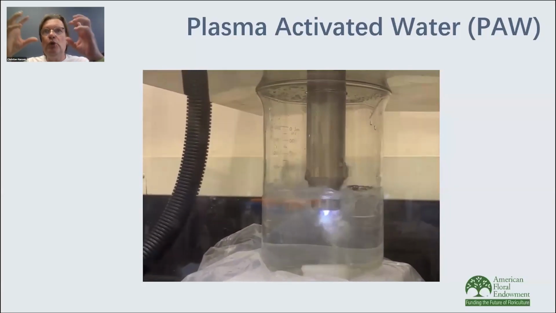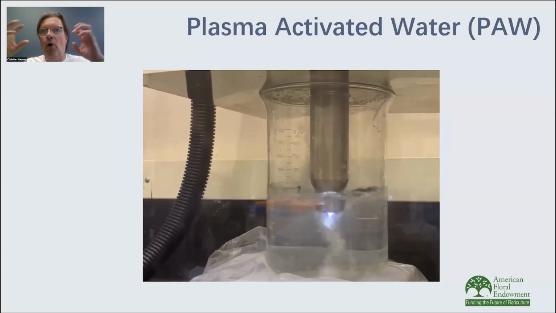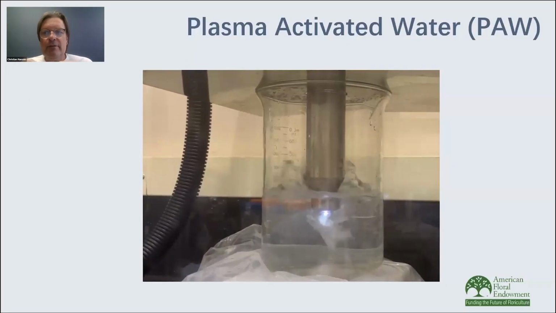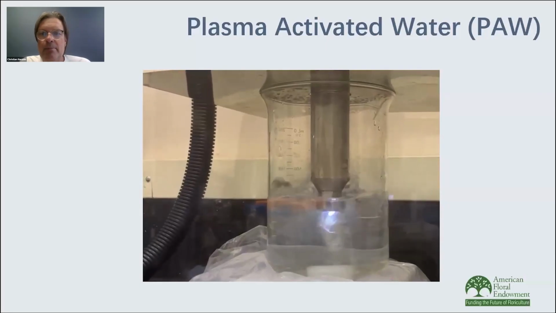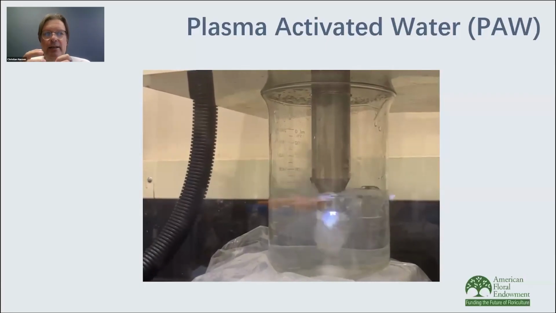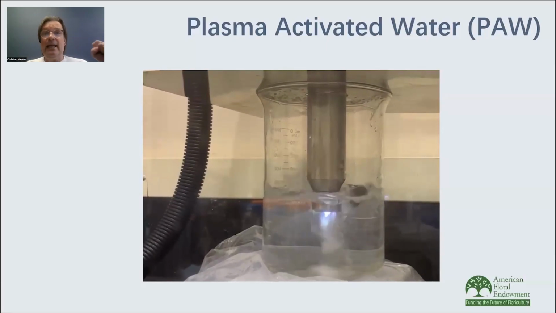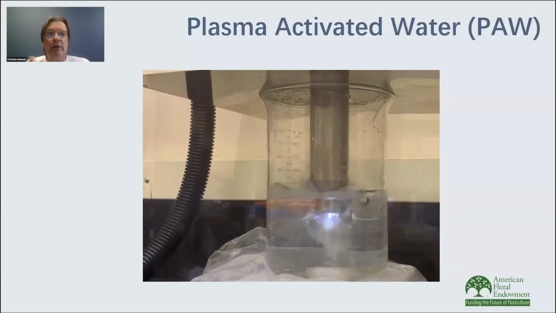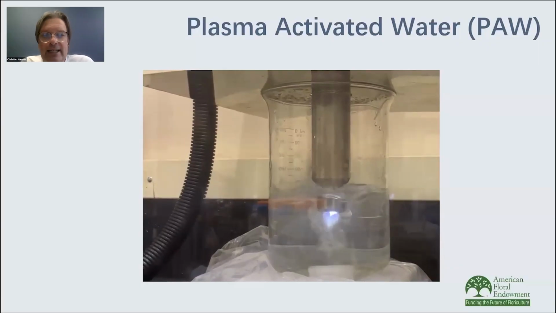So remember, we have about 21% oxygen and 78% nitrogen, or somewhere along those lines. And those O2 oxygen molecules and those N2 nitrogen molecules, because of the electric charge at the tip of this jet, get taken apart and then blown into water, and then they react with water, and that creates what are referred to as reactive species.